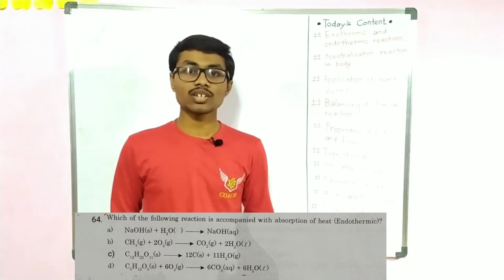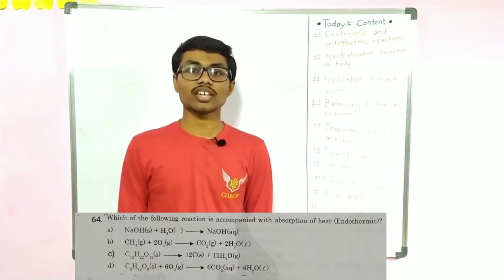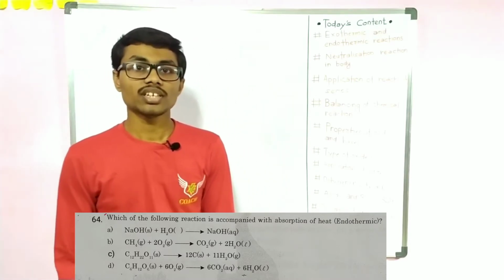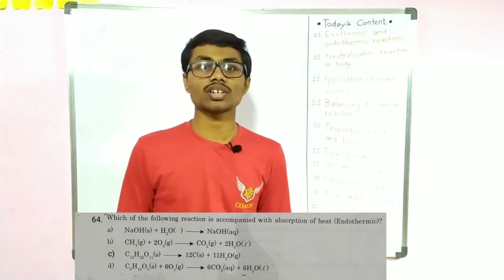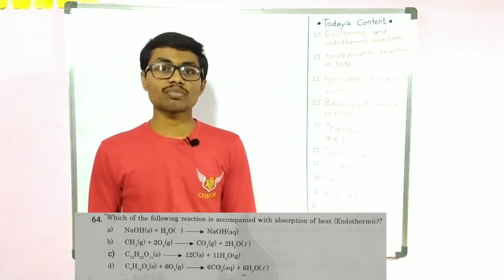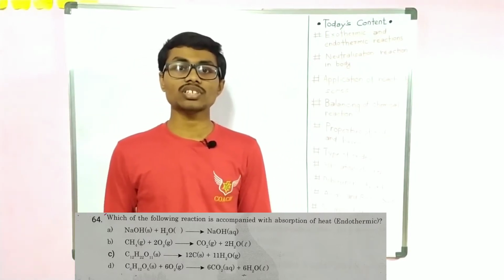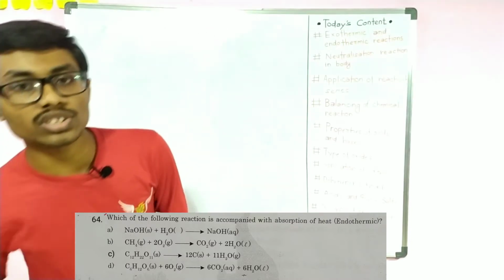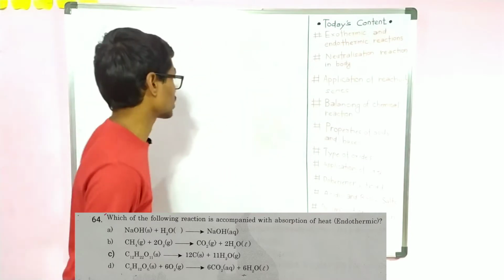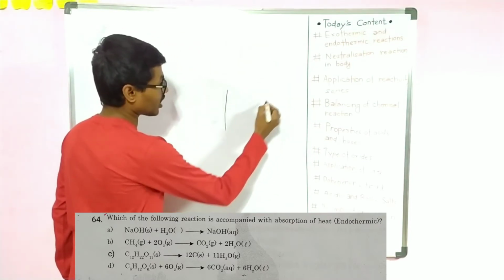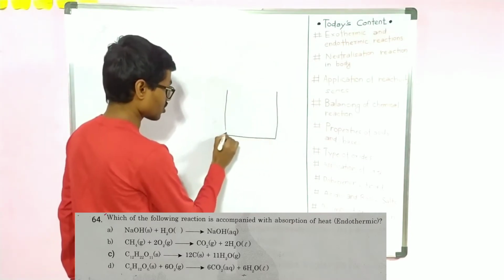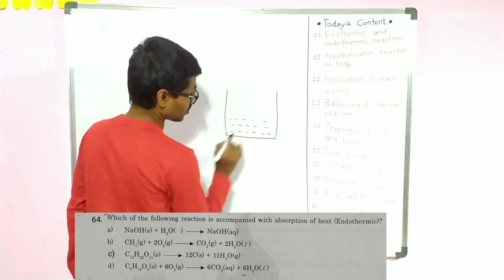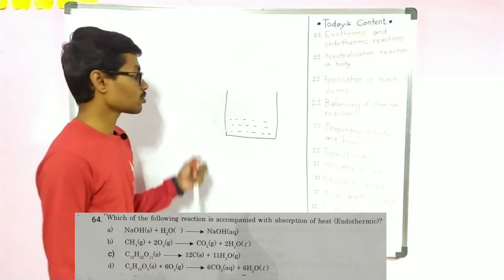Now what is an endothermic reaction and what is an exothermic reaction? Endothermic reactions are those reactions in which heat is provided to the system, and exothermic reactions are those in which heat is given by the system. Suppose we take one container, and in the container we add reactants, and the reactants give us product.